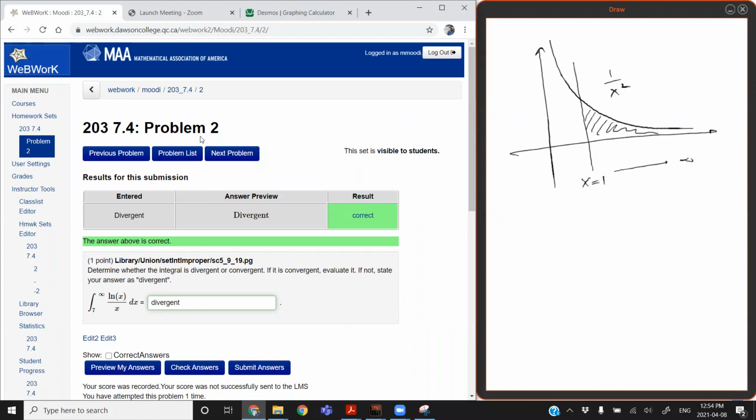And that area, as we calculated for this one, is going to be 1. But sometimes, like in this example that I just showed you, the area is not going to converge to a finite number. So the only thing you need to do here is say that it doesn't converge, it's divergent. Okay.